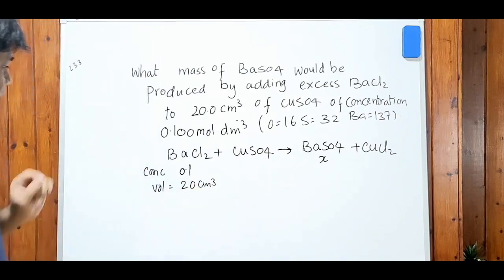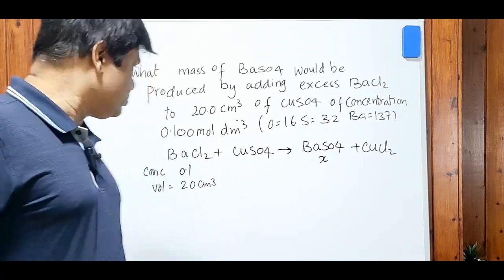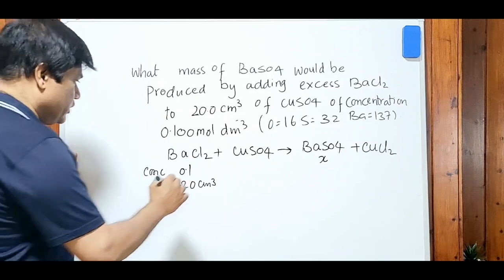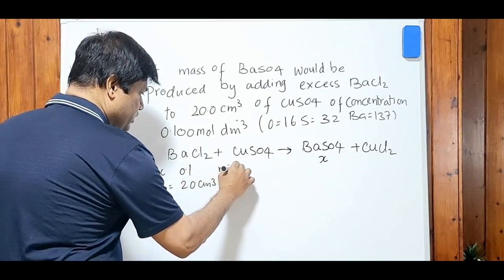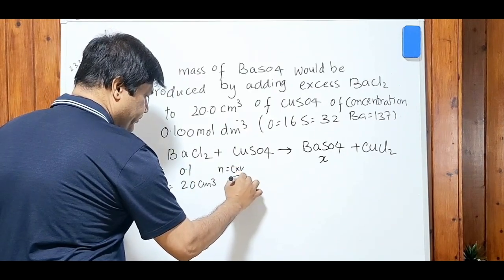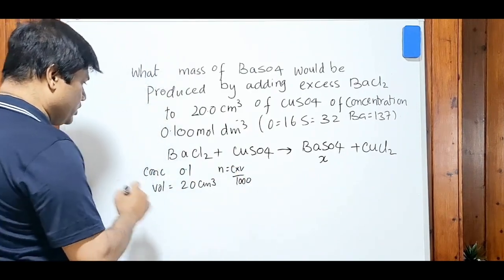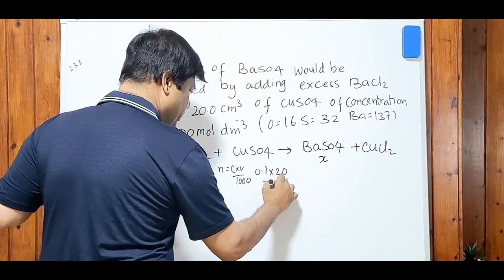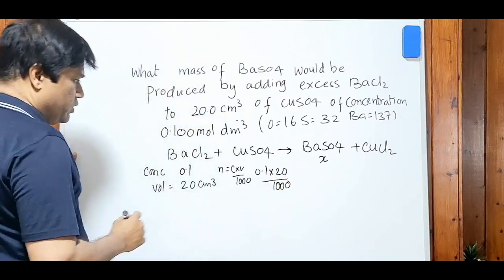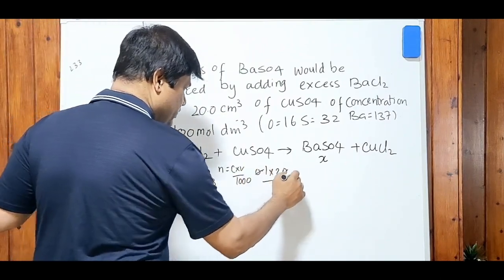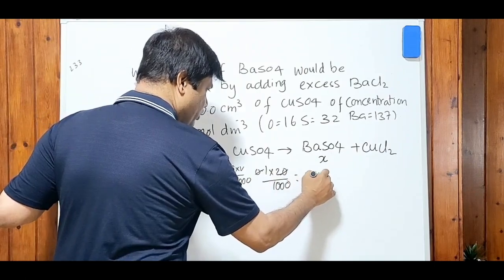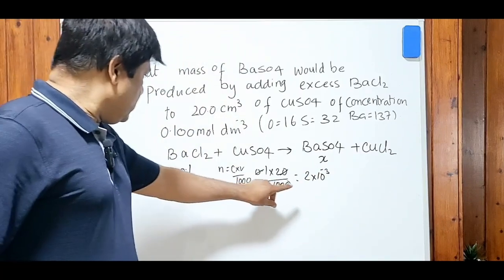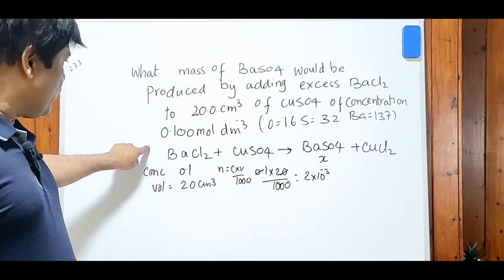So guys, whenever we have a conc and a volume, the best thing is to work out the number of moles of barium chloride. So n equals C times V over 1000. How much is the conc? 0.1. 0.1 times 20 divided by 1000. So this cancels. So 2 times 10 to the power of minus 3. Is that okay? So that's the mole of barium chloride.